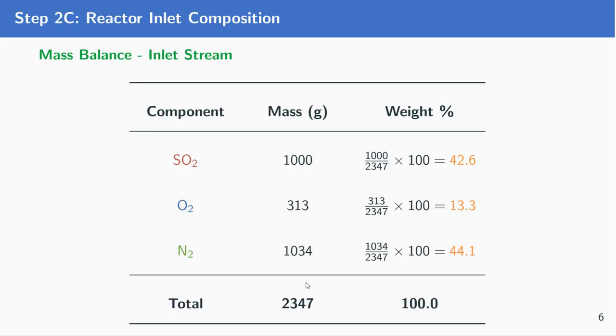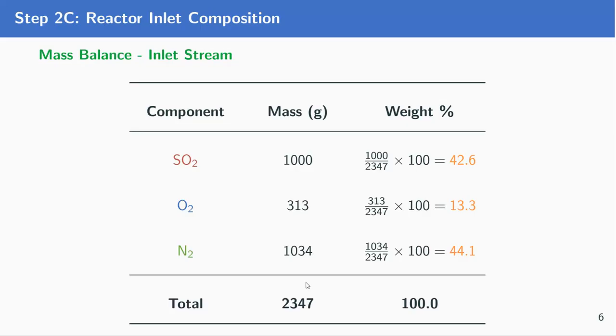Now SO2 percentage is 1000 divided by the total 2347 times 100. So that equals 42.6. Next is oxygen percentage, 313 divided by 2347 times 100 equals 13.3%.